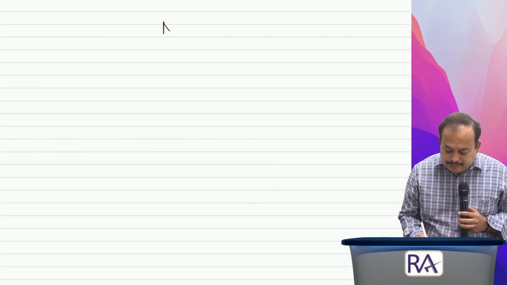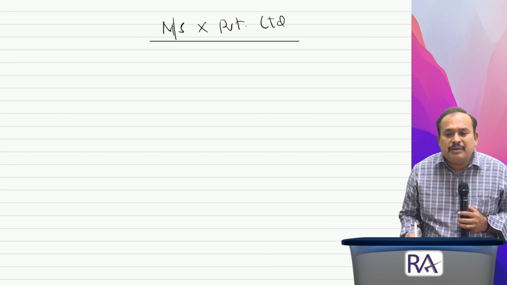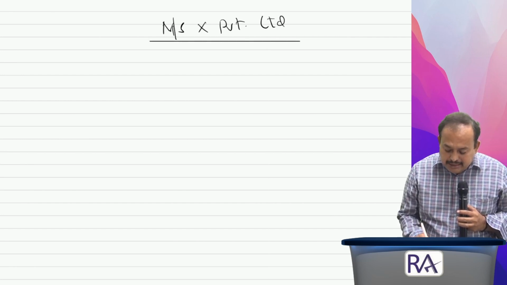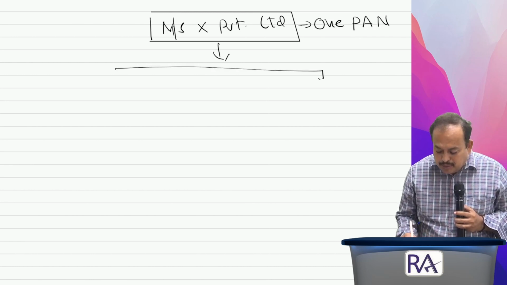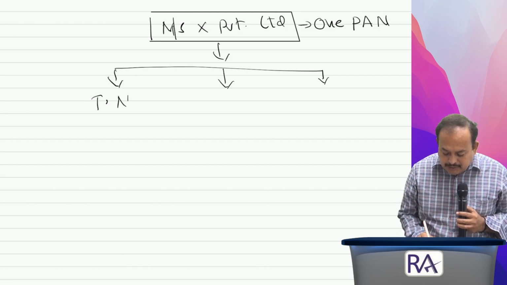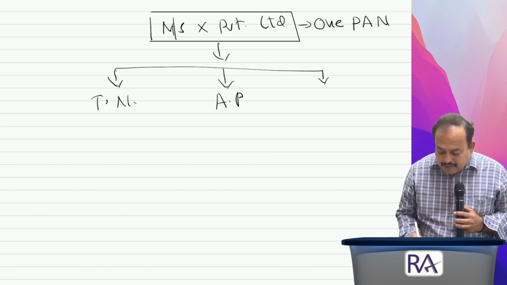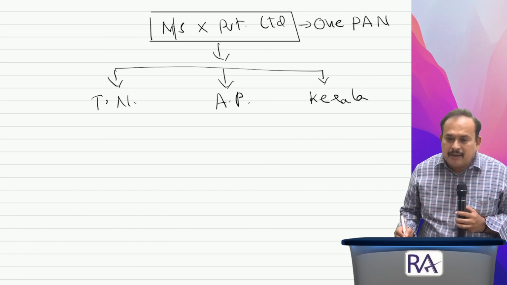If I say here, Mrs. X Private Limited is one PAN holder, holding one permanent account number. If so, it has multiple locations of business in multiple states: here in the state of Tamil Nadu, in the state of Andhra Pradesh, in the state of Kerala.